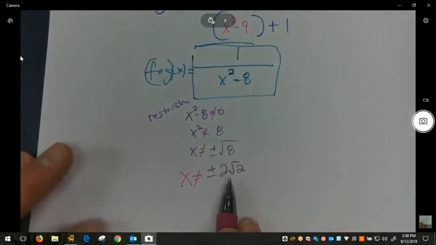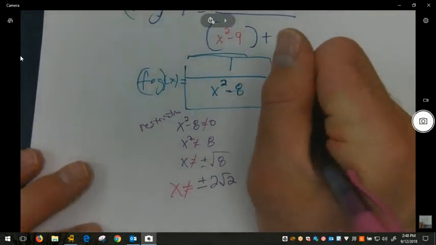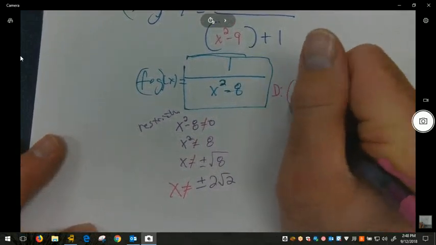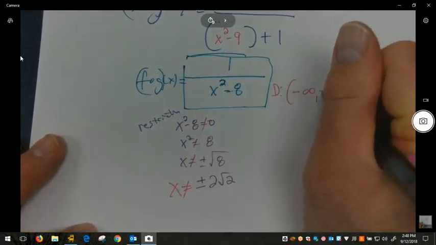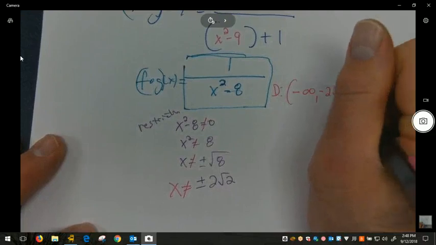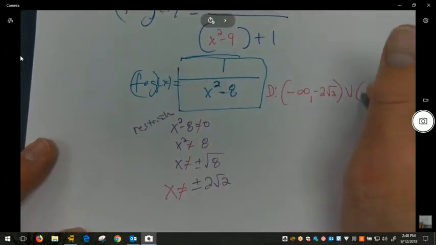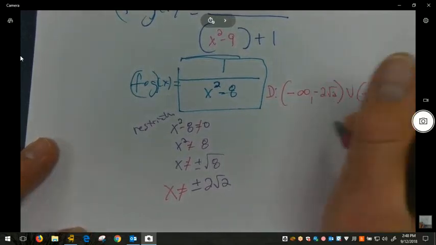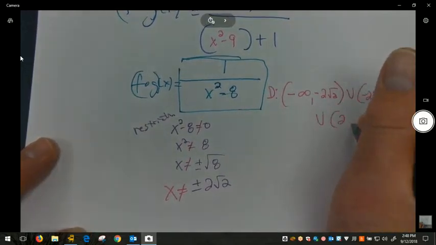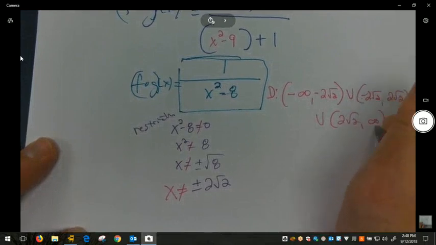So in interval notation, the domain for this function is negative infinity up to negative 2 square roots of 2, and all numbers between negative 2 square roots of 2 and positive 2 square roots of 2, and all numbers from 2 square roots of 2 to infinity.